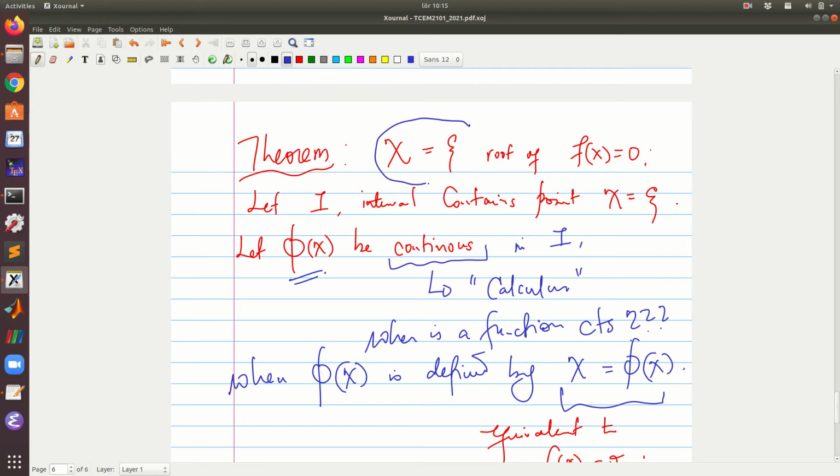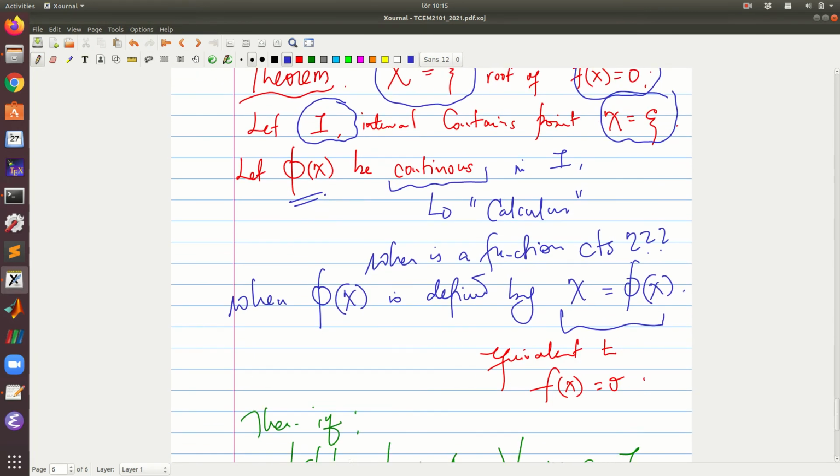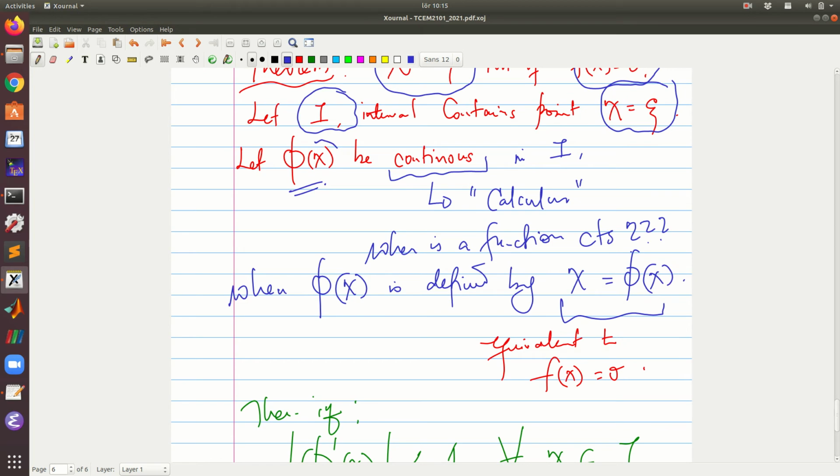We have the root of our function. We have a given interval which they will give us, which contains that given point or the root, and then we have our function phi of x, which we have said is continuous on the given interval.